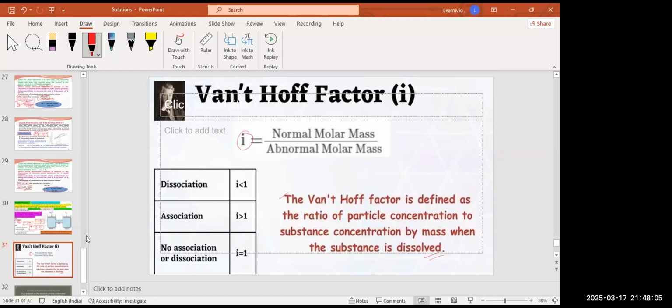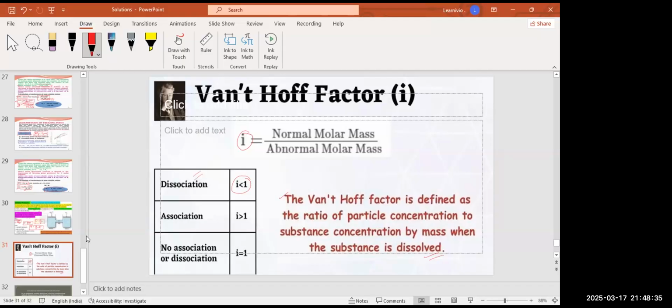Now see, basically, abnormal molar mass is the experimentally determined molar mass. So what you have to do is just divide normal molar mass by abnormal molar mass. Now, if a molecule dissociates, then the value of i will always be greater than 1.